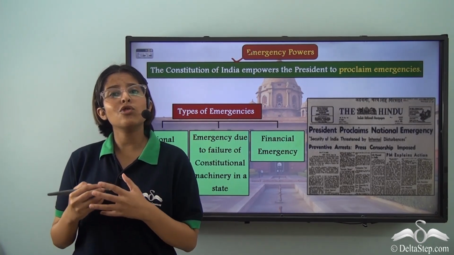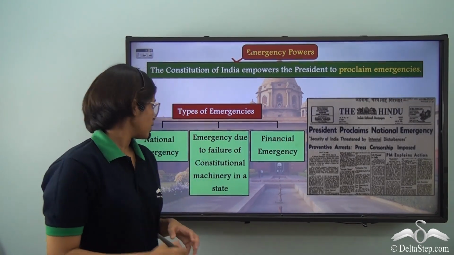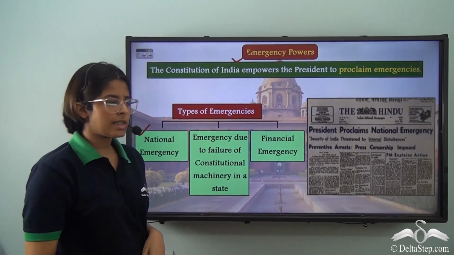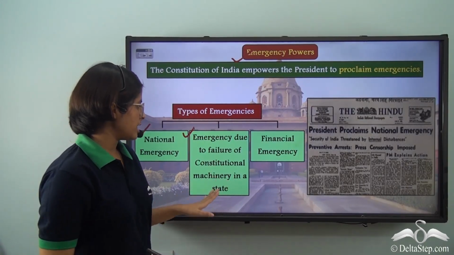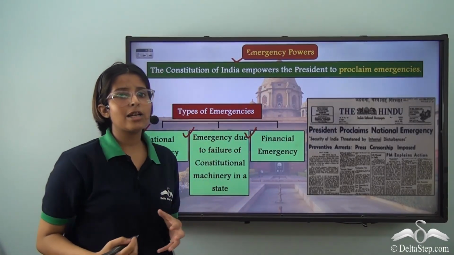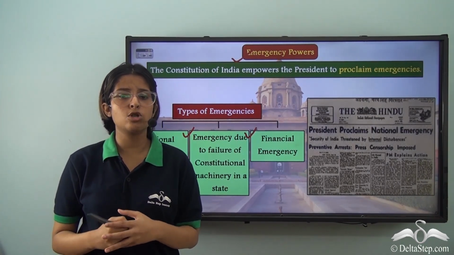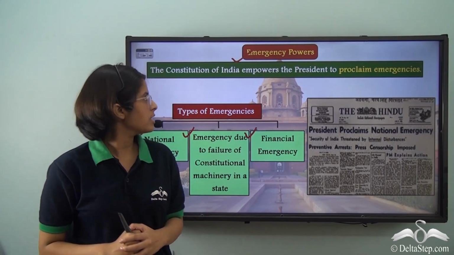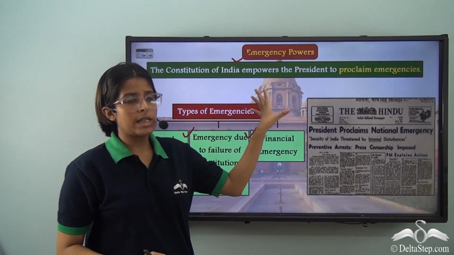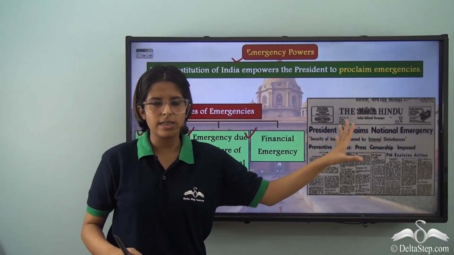So, there are three types of emergencies given in the Constitution of India, which include the national emergency, emergency due to failure of constitutional machinery in a state, and financial emergency. And when an emergency has to be proclaimed, it is the president who proclaims the emergency. So the Constitution of India empowers the president to proclaim emergencies.